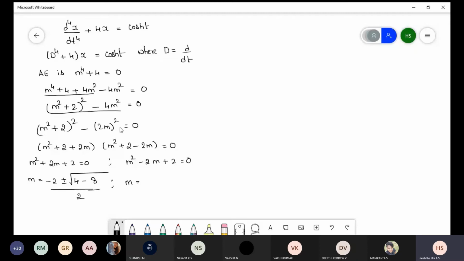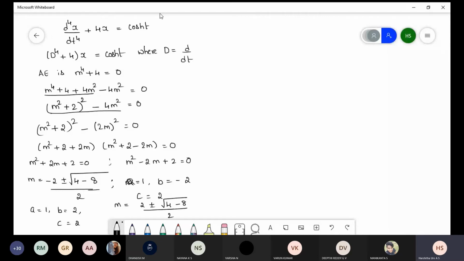So here I write a value is 1, b value is minus 2, c value is 2. So I write m is equal to minus into minus 2, plus or minus root of b square, minus 2 whole square means 4, minus again 4 twos are 8, divided by 2.